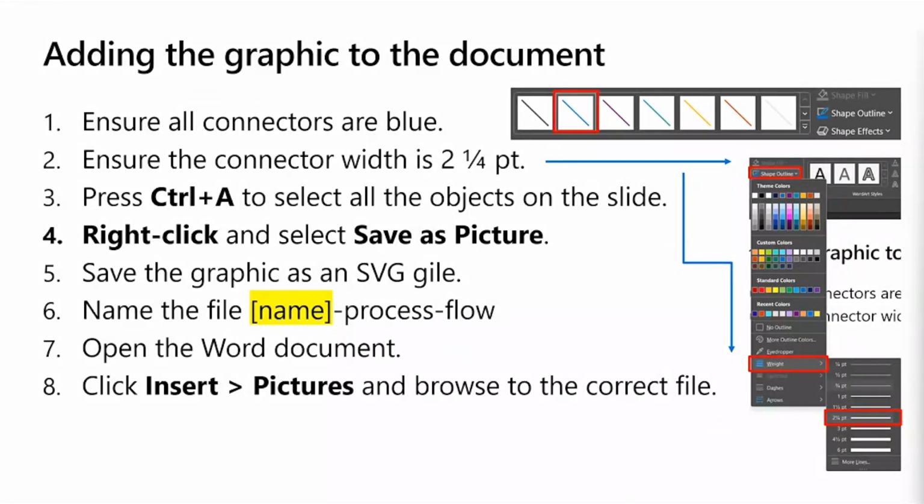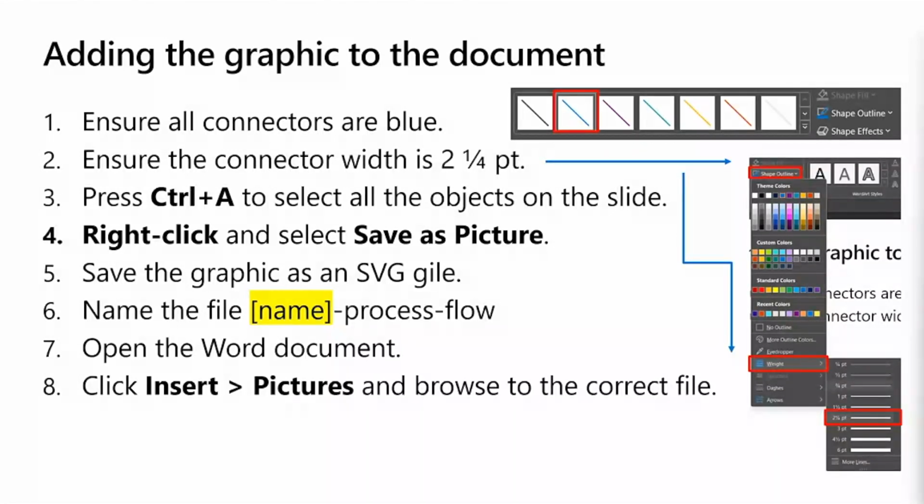We recommend again that you save the graphic as an SVG file. The default, I do believe, is a PNG, but you'll want to switch that in the drop-down box. And then you're going to name the file whatever the name of your business process is. So set customer credit limits for the example that we've been doing in today's presentation with process flow. And again, we use the dashes instead of spaces.